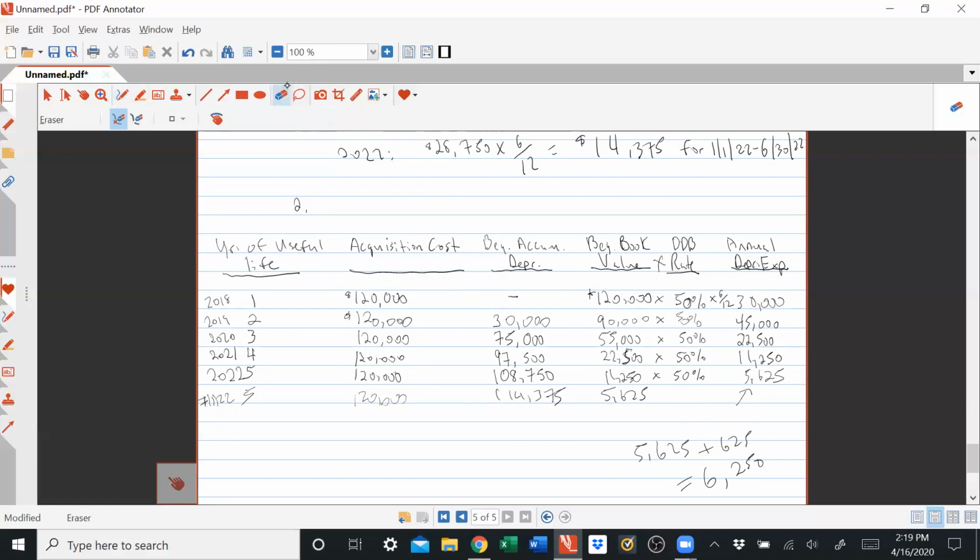And so that's what we recognize in 2022 under the DDB method in relation to this asset.